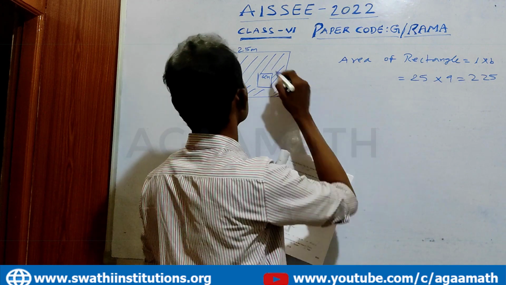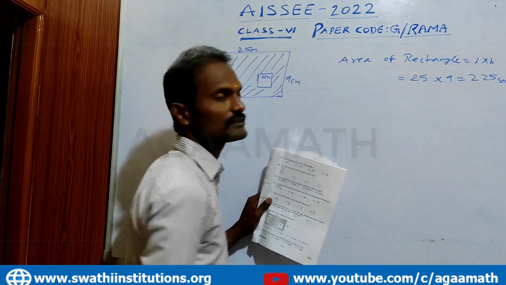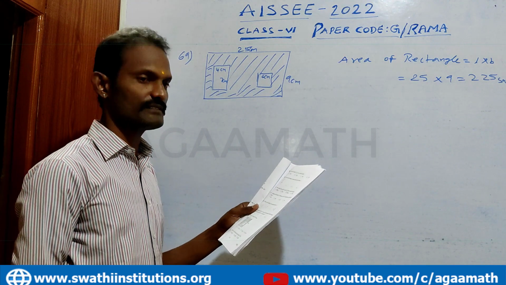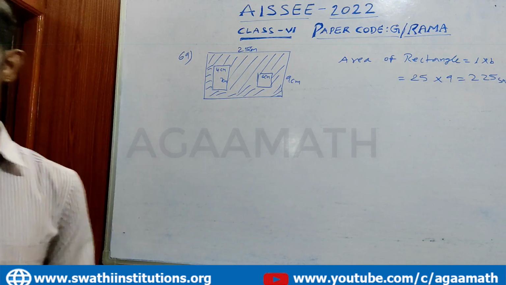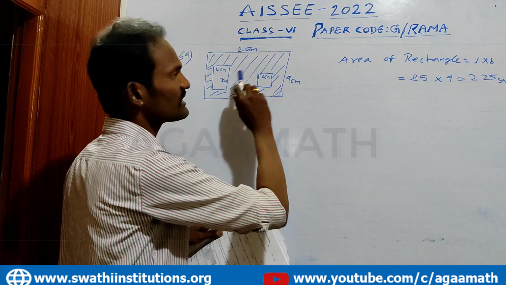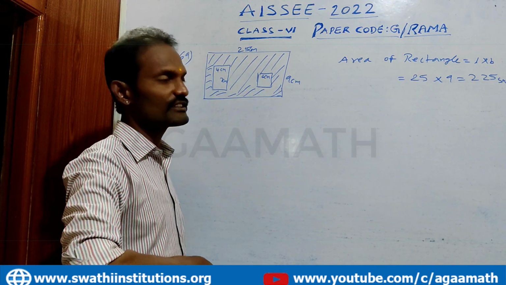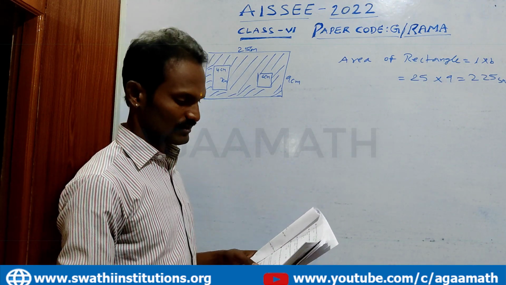Sorry, square centimeters. So the area of the rectangle is 225 square centimeters, right?